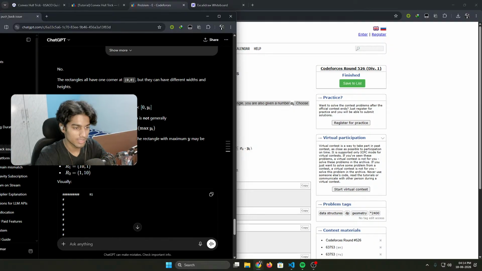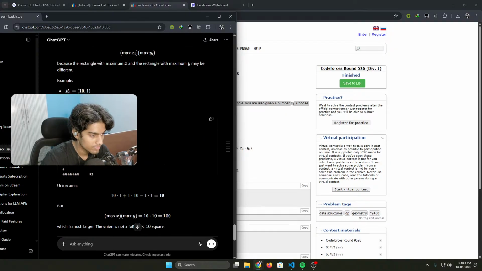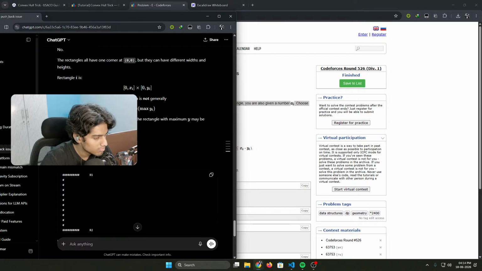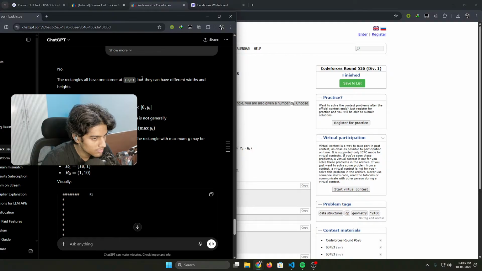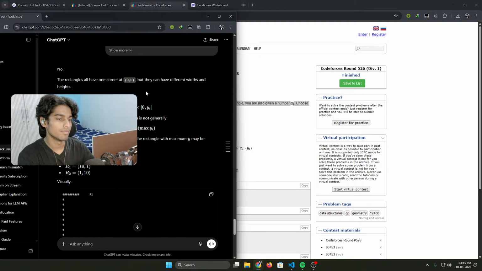So if you choose several rectangles, union is not... wait a minute. They can have different widths and heights.